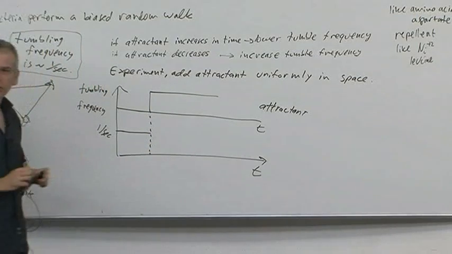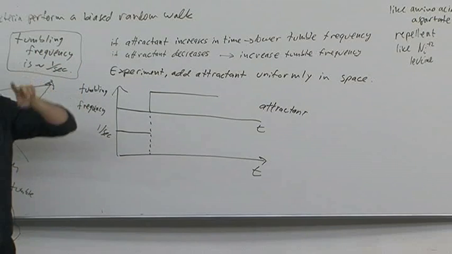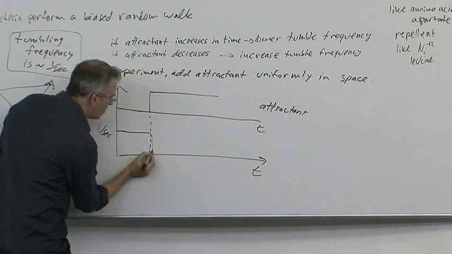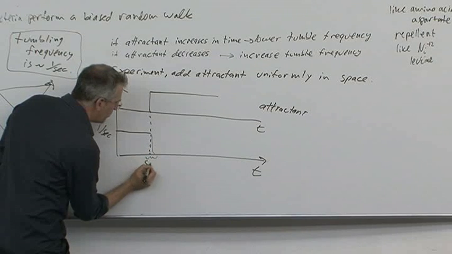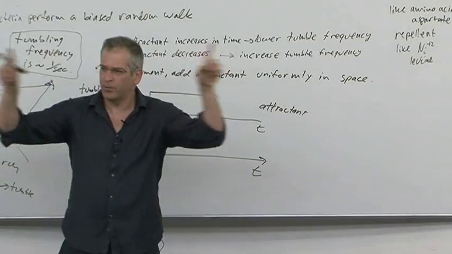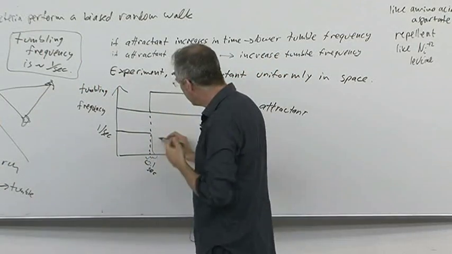What happens to the tumbling frequency? No matter where they're going, it goes down. It goes down very quickly, within about 0.1 second. All the bacteria are now swimming like this. So they used to be like this, and now they're like this. So that's the response.